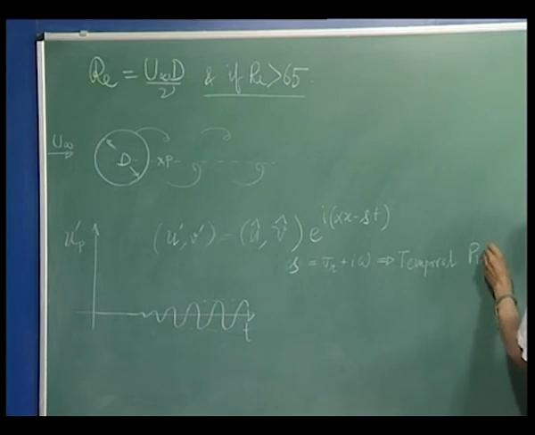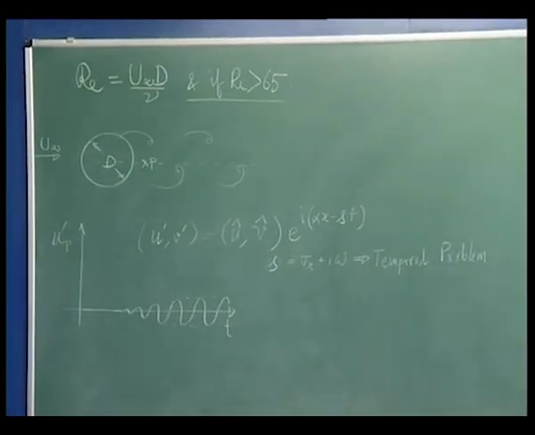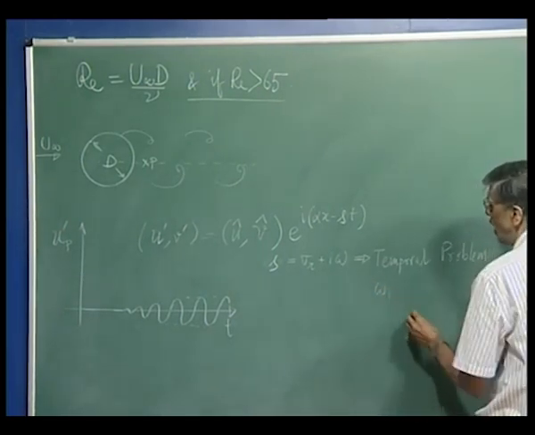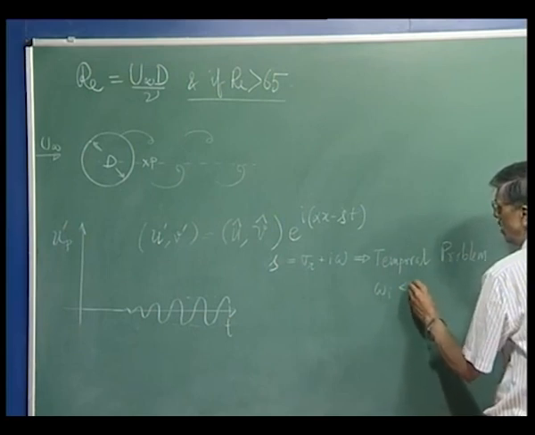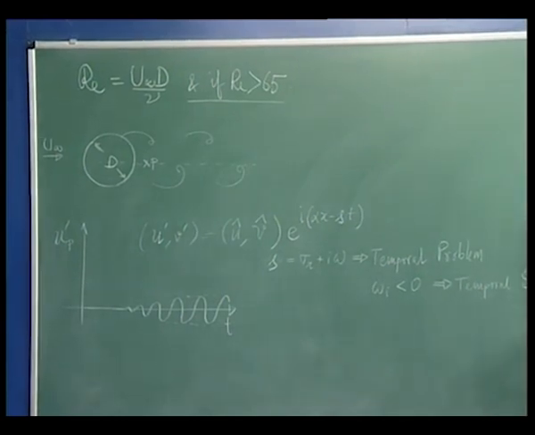Now, within this canopy, you can identify various cases. For example, if omega I is less than 0, then what would you have? You would have temporal stability, right?